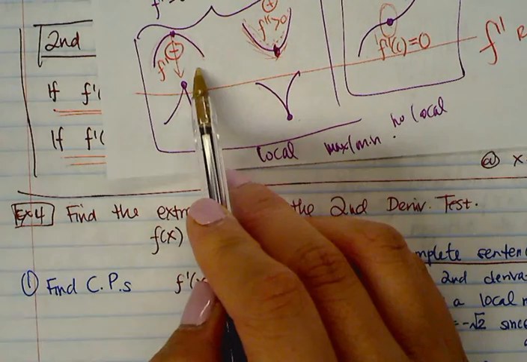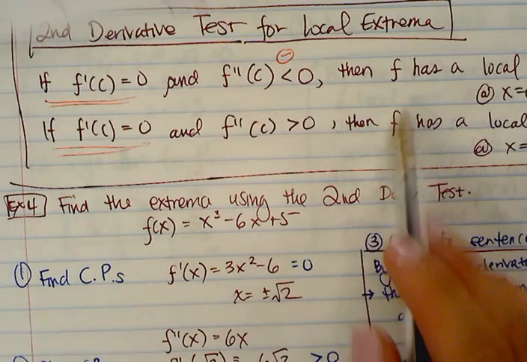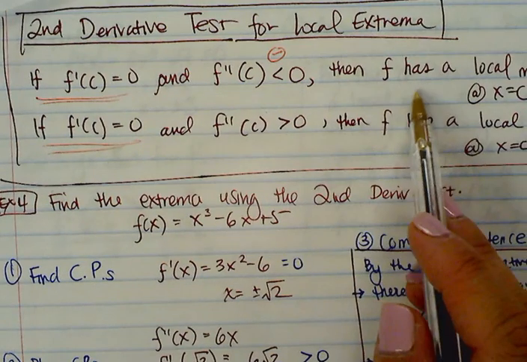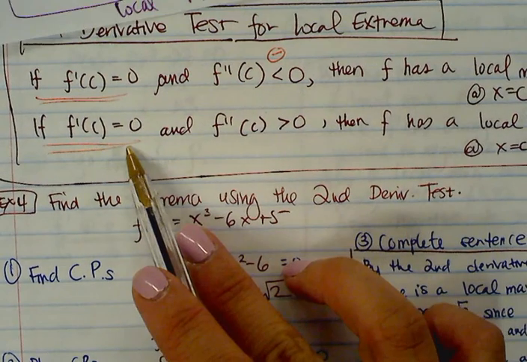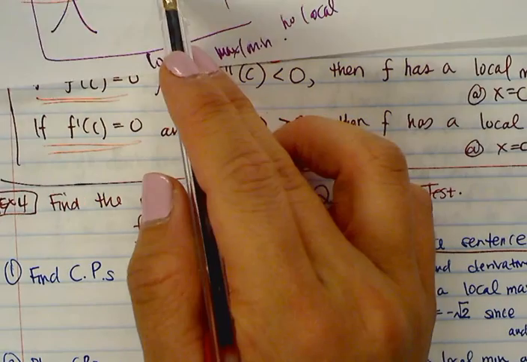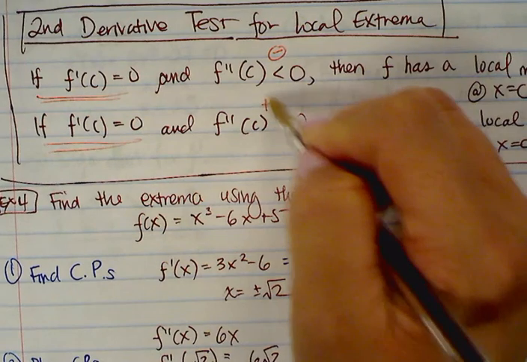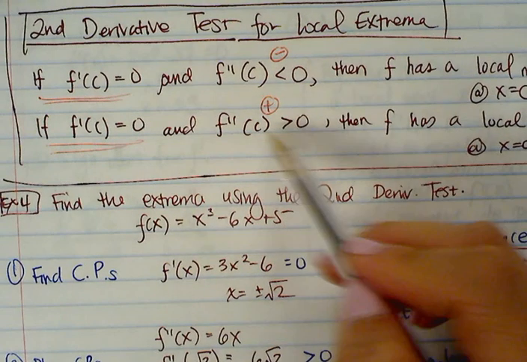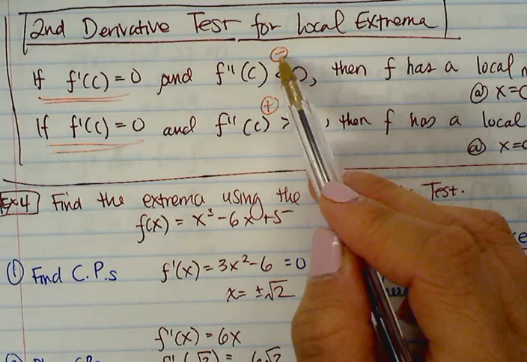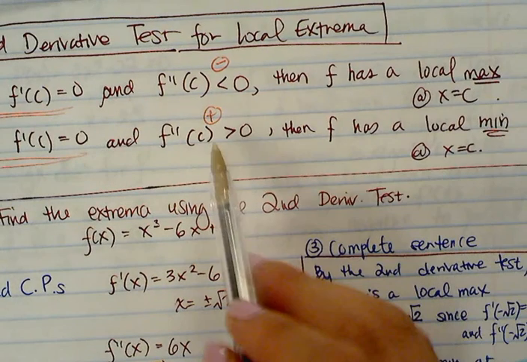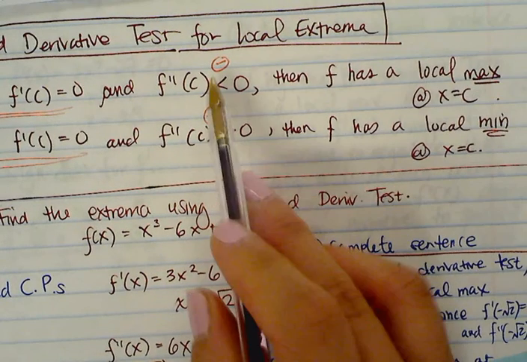Okay? There's a local max. If the first derivative is 0, there's a horizontal tangent, but the second derivative is positive, then it's a local min. It's kind of counterintuitive, right? The second derivative here is negative, it's a max. When the second derivative is positive, it's a min.